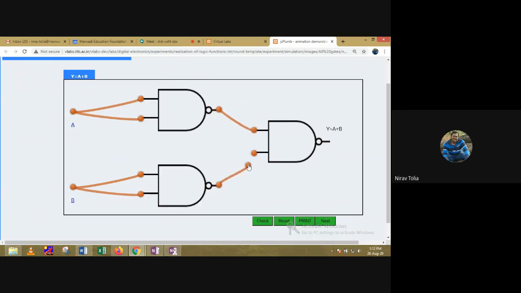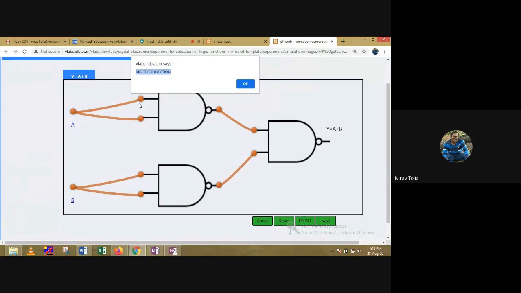And now we have to check. If you click on the check button, and if your connection is right, then it shows your connection is right.